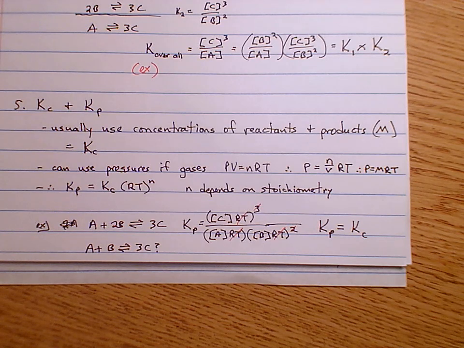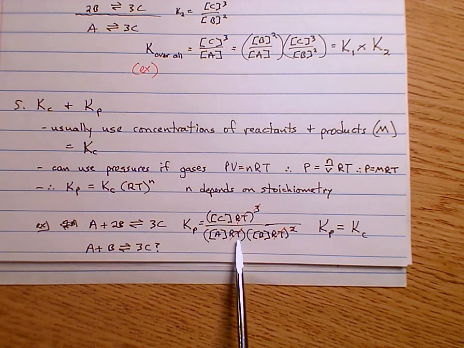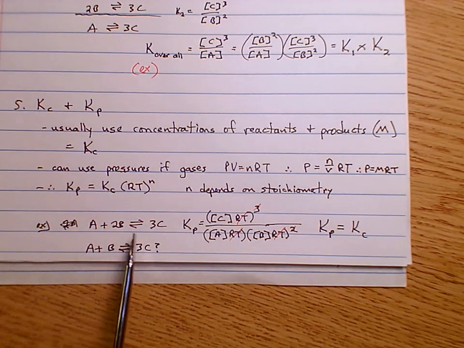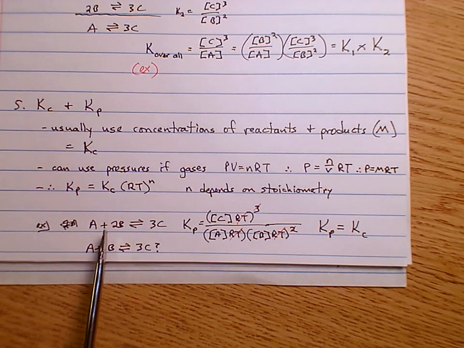And note what we find out here is you have the concentration of C cubed divided by the concentration of A times the concentration of B squared, multiplied by RT cubed divided by RT times RT squared. Note all those RT cancel out. Because our stoichiometry cancels out here, we have 3 on this side and 2 plus 1 is 3 on this side.